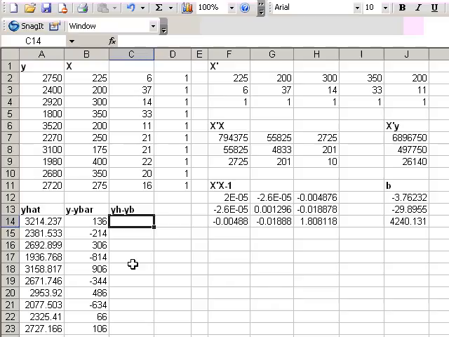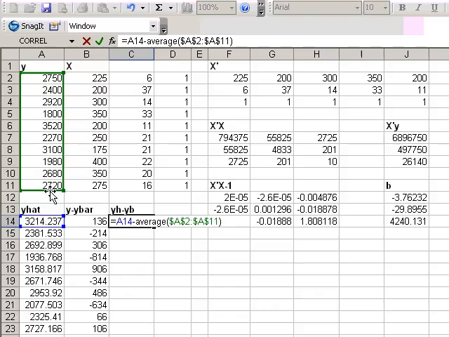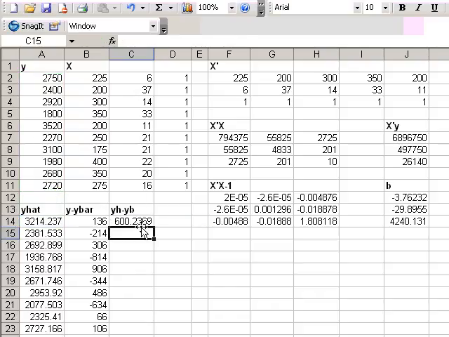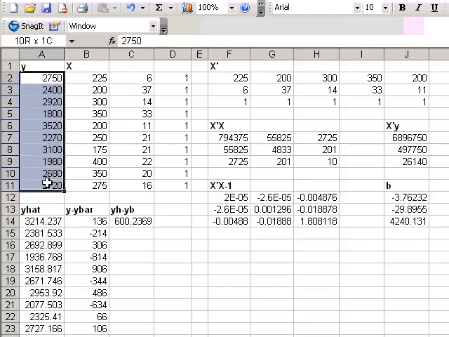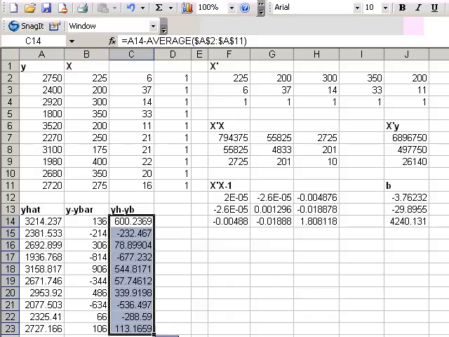It's the same process: equal y hat minus the average of y, and again F4, and when I hit enter I get the difference between the predicted value of y and the average of all the y's. When I click this down, I now have all the values of y hat minus y bar.